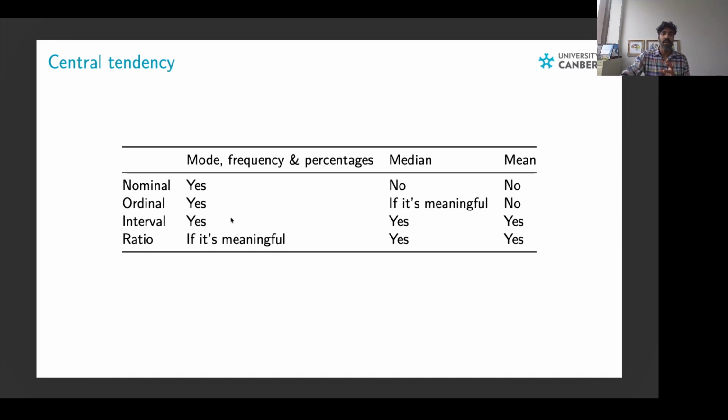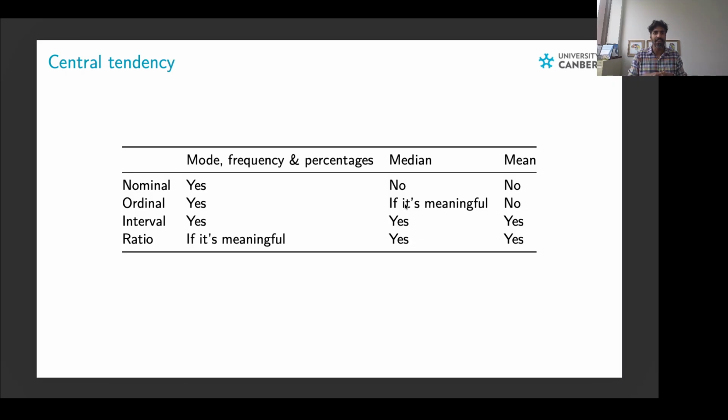So for nominal, essentially mode, frequency, and percentages are useful. Median and mean aren't useful for nominal because, again, it's a category. Ordinal, again, median and mean are not often useful. Median can be, if it's meaningful in some cases, if you have that order and there's sufficient meaning between the gaps.